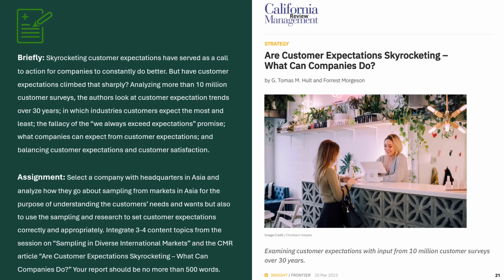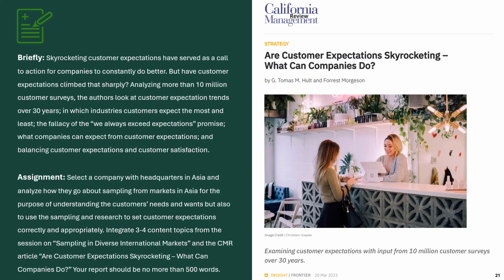And we looked specifically at which industries customers expect the most and least. The fallacy of we always exceed expectations, that's just not optimally a good likelihood of happening. It's not a good promise to have. What companies can expect from customer expectations more generally, and balancing customer expectations and customer satisfaction.